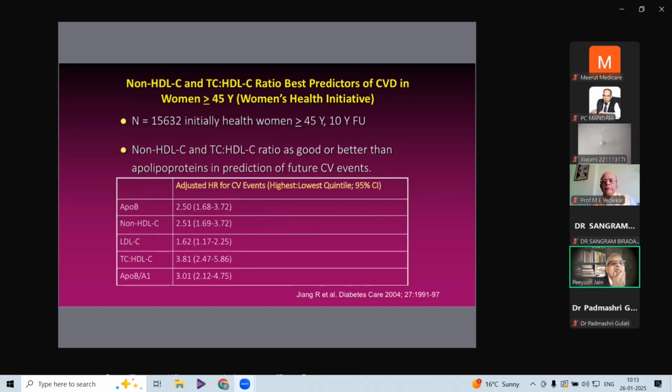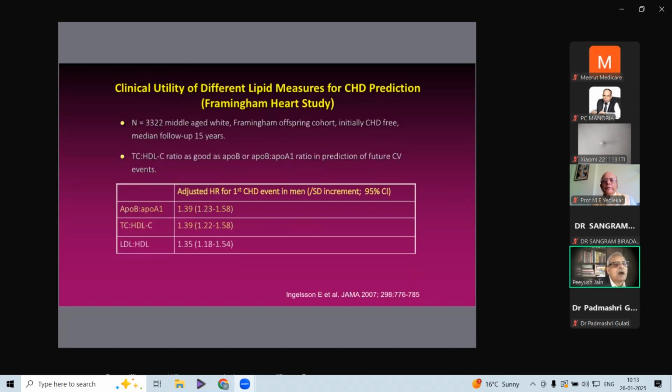Here we have another study in women. Once again, if you see the figures, the adjusted hazard ratio for CV events, ApoB and non-HDL-C both performed equally well. The Framingham Heart Study also showed that a simple parameter like total cholesterol to HDL-C ratio performs the same as ApoB to ApoA1.